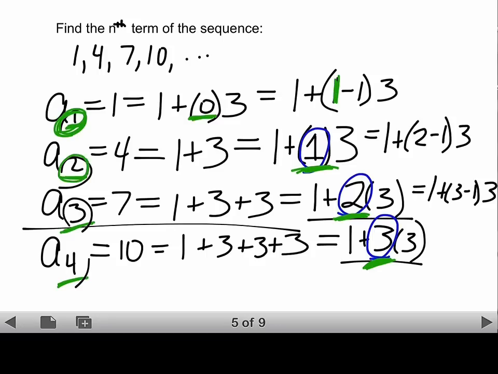A sub 2, 1 plus 2 minus 1 times 3. A sub 3, 1 plus 3 minus 1 times 3. So, does it work out that a sub 4 is equal to 1 plus 4 minus 1 times 3? Turns out it does.